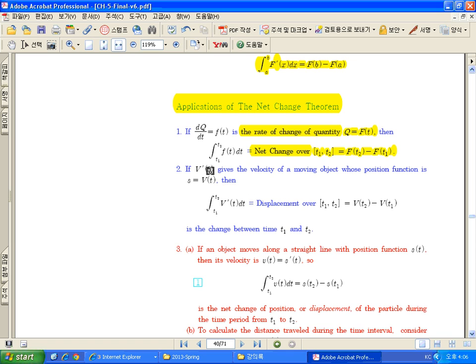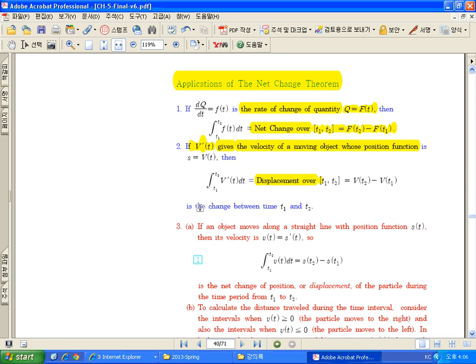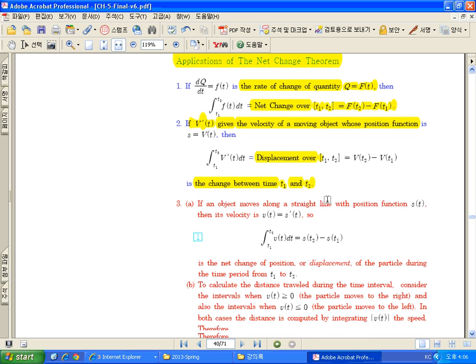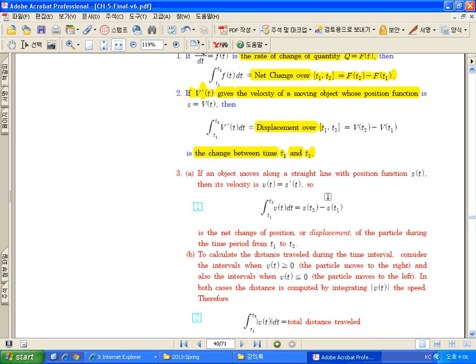If v of t gives the velocity of a moving object, then this integral means the displacement of the moving object, the change between times t1 and t2.